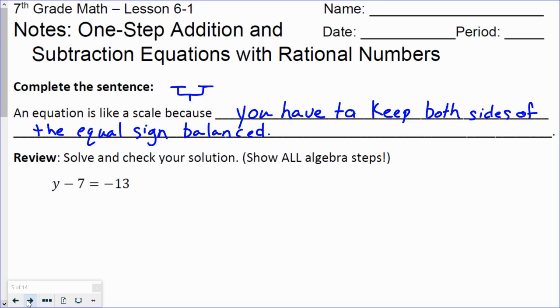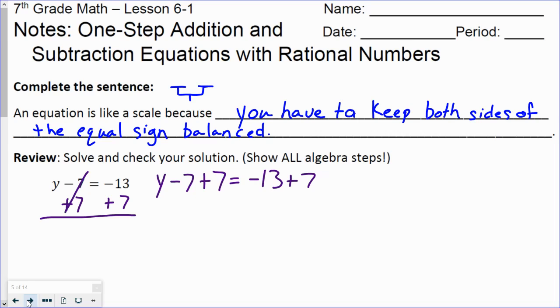For a quick review, how we would solve and check an equation: we have y minus 7 equals 13. If you're doing this the vertical way, you want to do the opposite or inverse operation. The inverse of subtraction is addition. Whichever way you prefer to do your work, show that these cancel out because they are zero pairs.